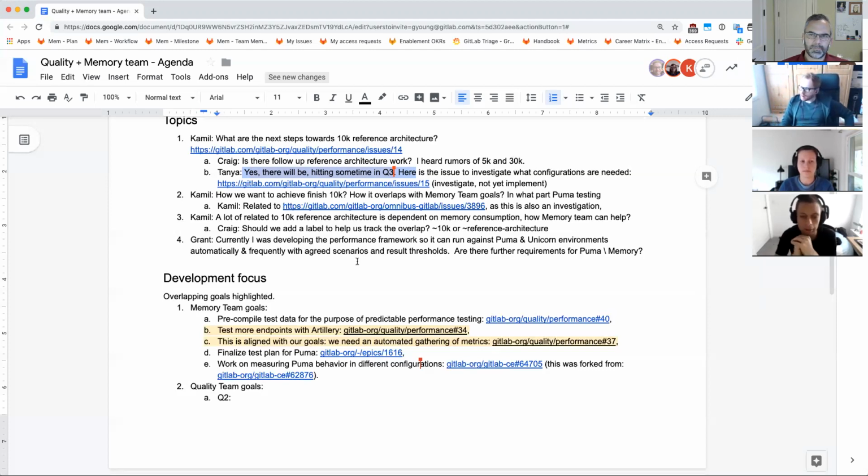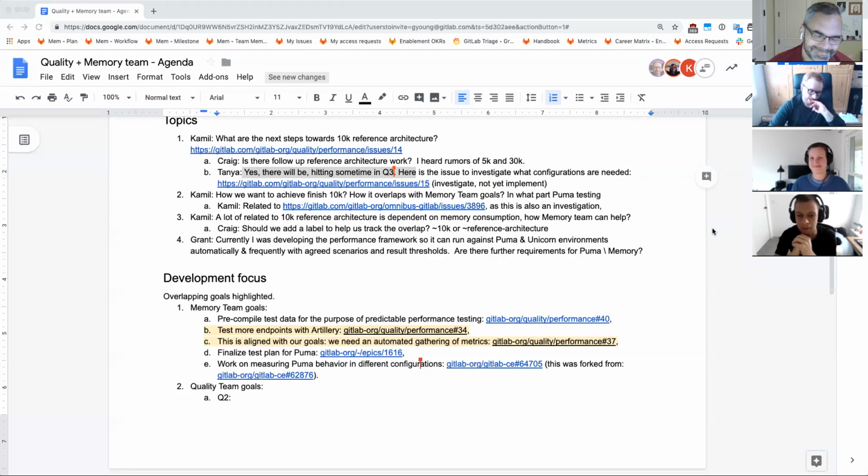So I'm actually looking at a way that would allow us to automate a lot of that, because we have a ton of different types of testing right now in so many different configurations that Grant is not going to be able to do all of that by himself. And I think that we should not expect him to do all of that by himself.